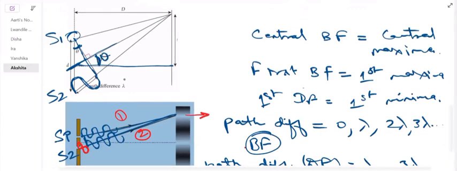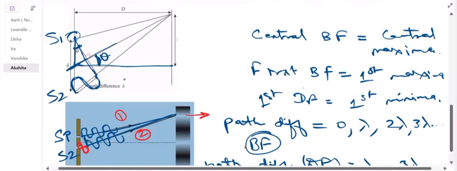How did I do that? Let's say this is the parallel line, and let's say we have one more parallel line over here.